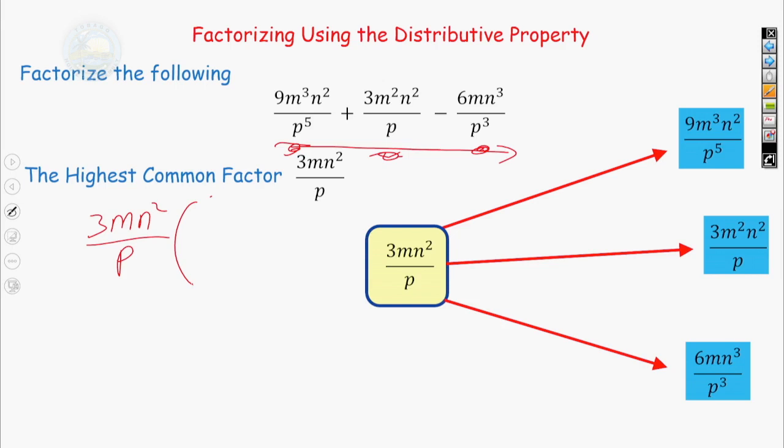Working our numerators first, 3 times what is 9? Correct, 3. M here, so I need M here. This M has a power of 1, and this M has a power of 3. When I'm multiplying, I'm adding the powers. So 1 plus what is going to give me 3? That is 2.